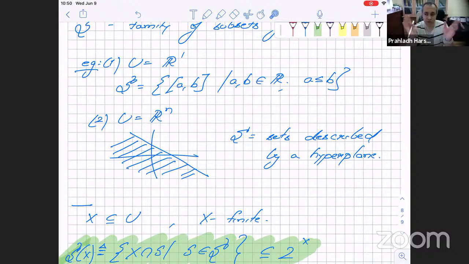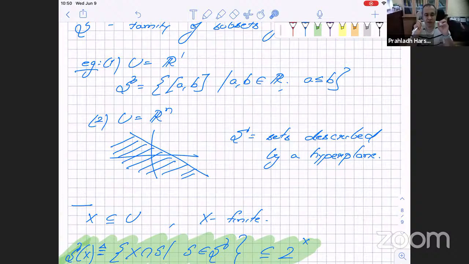Are people with me on this? In the first example, the maximum size that can be shattered is 2. In the second example, 3 is the maximum. There is no set of size 4 that can be shattered.